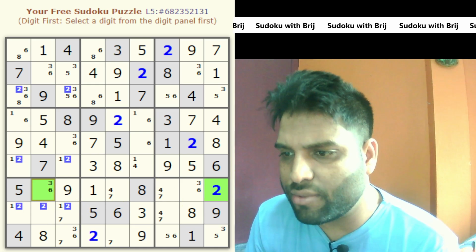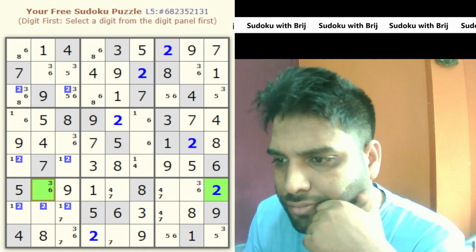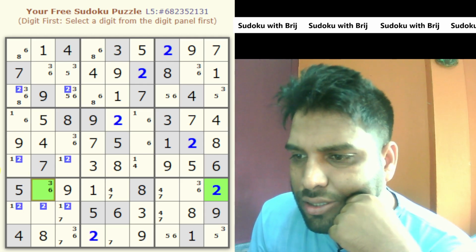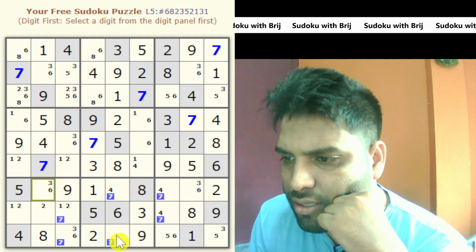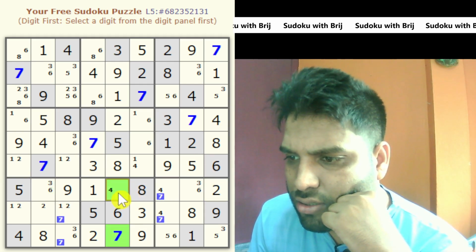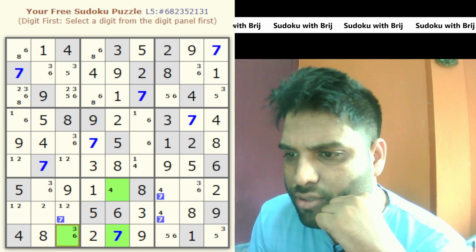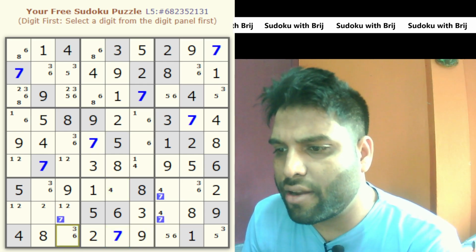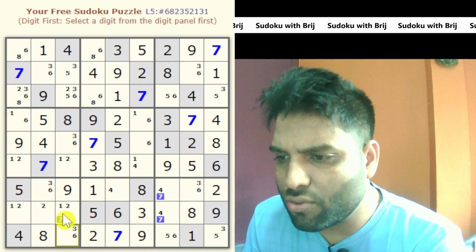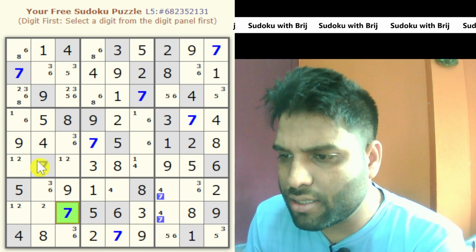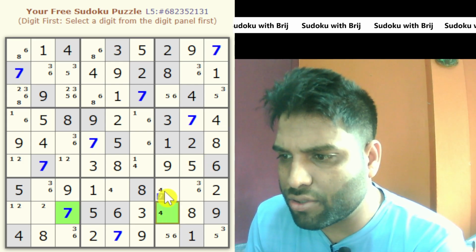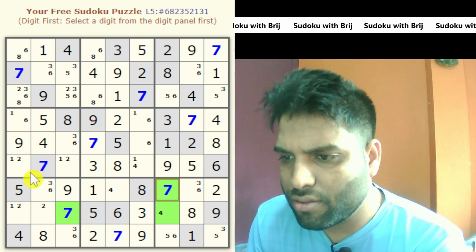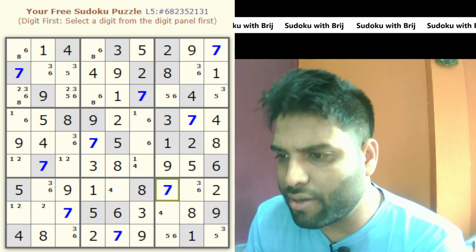So 2 can be eliminated from here. Similarly, there is a solution of 7 in this cell. So 7 can be eliminated from cells, and now there is a solution of 7 in this cell also. So 7 can be eliminated from here. So there is a solution of 7 in this cell. So I think we have solved 7 also.